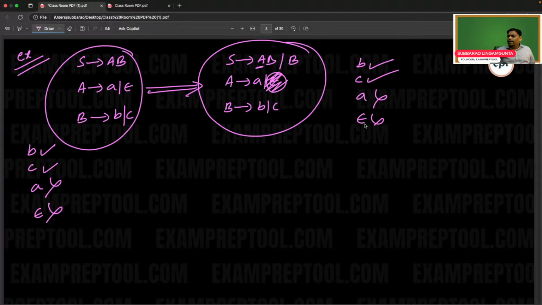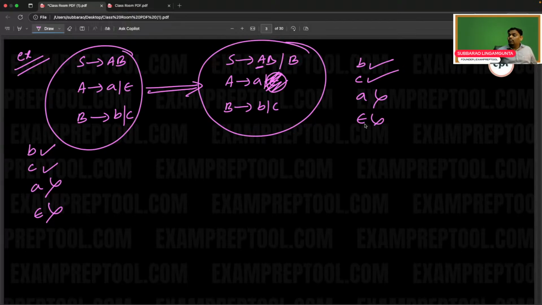Because you are eliminating all epsilons on the right hand side, after conversion you may not see epsilon anywhere. So after conversion, there is no chance of null string. But before conversion, null string may be possible. Then after conversion, null string definitely not possible.